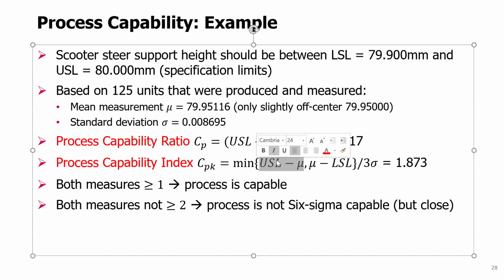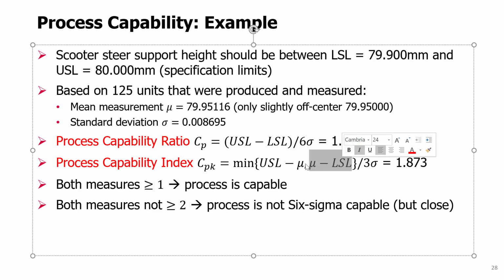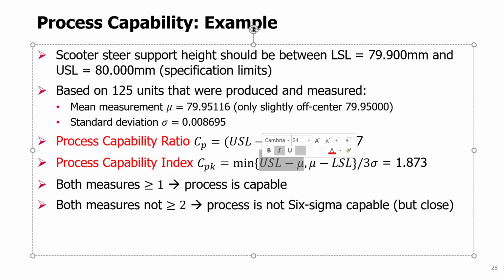It will be 0.04884, slightly above 0.05, so this value will be taken, divided by 3 sigma. It will give us 1.873.